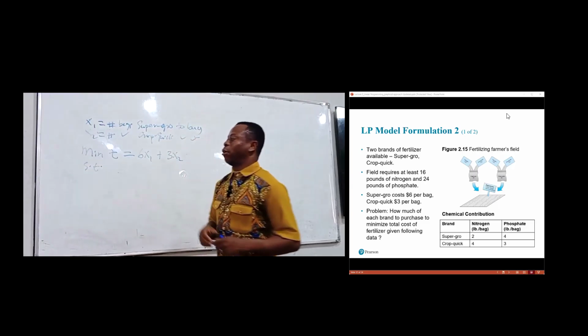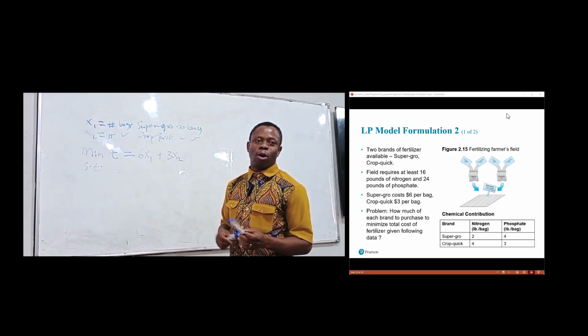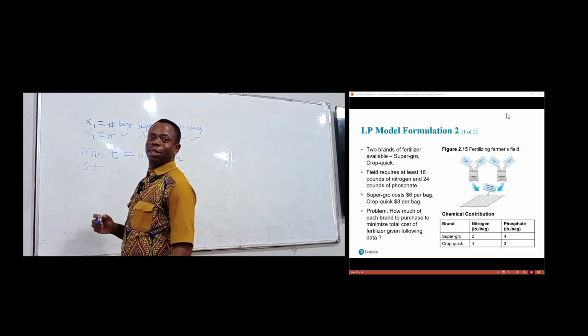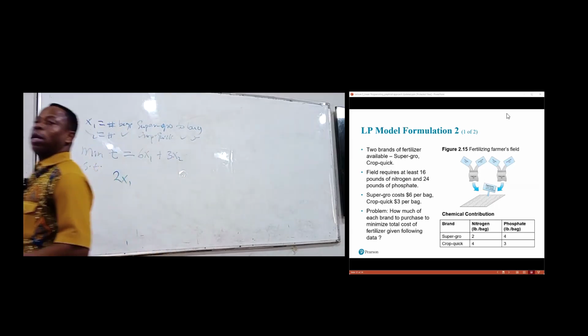So let's formulate the nitrogen constraint. What would be the nitrogen constraint? 2x1, that's from here.